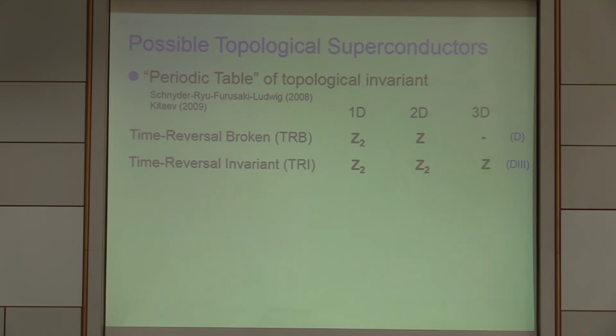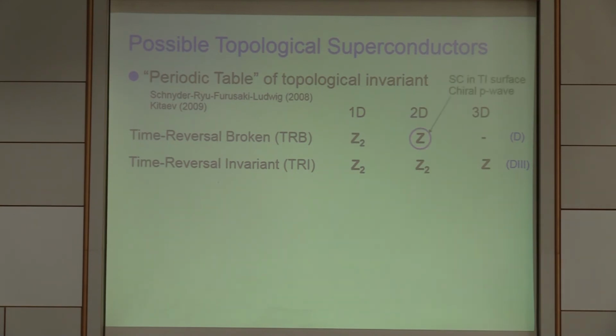So as already discussed during this workshop, there is already a periodic table of topological invariants expected for topological superconductors. Essentially, a superconductor has a Bogoliubov-de Gennes symmetry, which means particle-hole symmetry. And depending on whether the system preserves the time reversal symmetry or breaks the time reversal symmetry, the expected topological invariants are different.